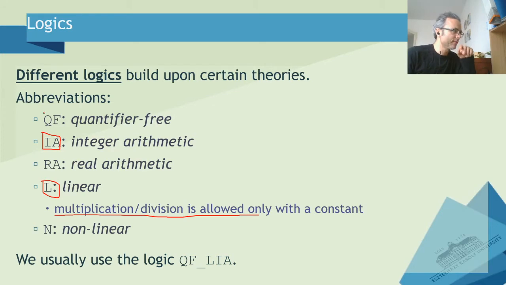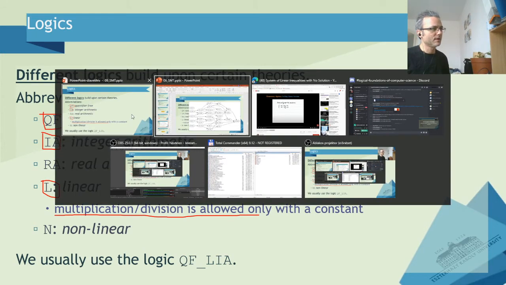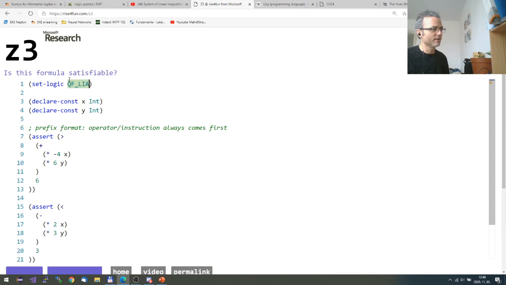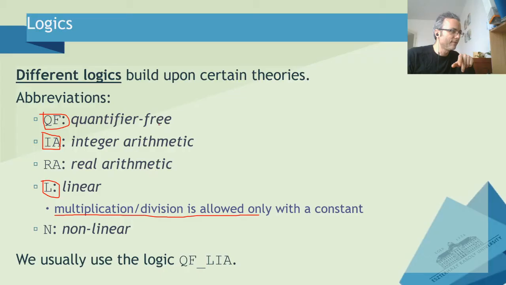And QF was in front of the name of the logic here. QF stands for quantifier free. We haven't learned about quantifiers yet. Next week, we will learn about the universal quantifier and the existential quantifier.